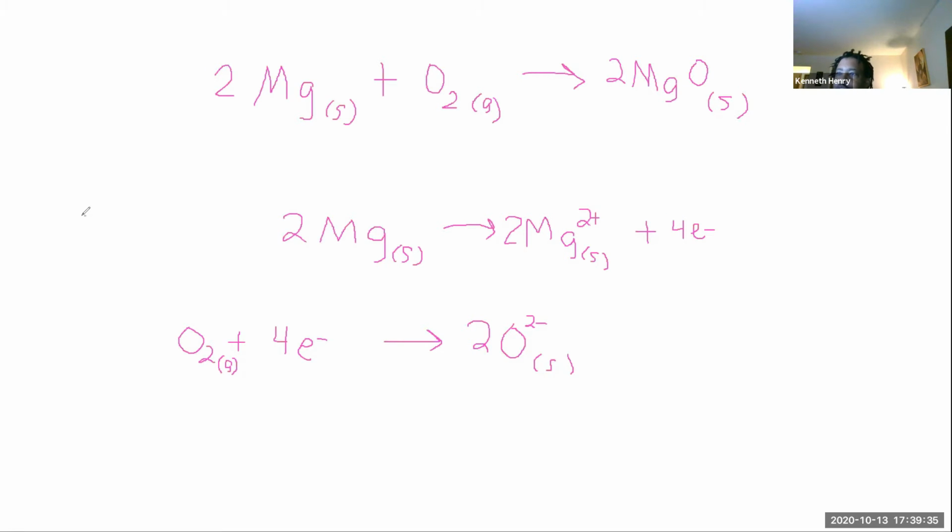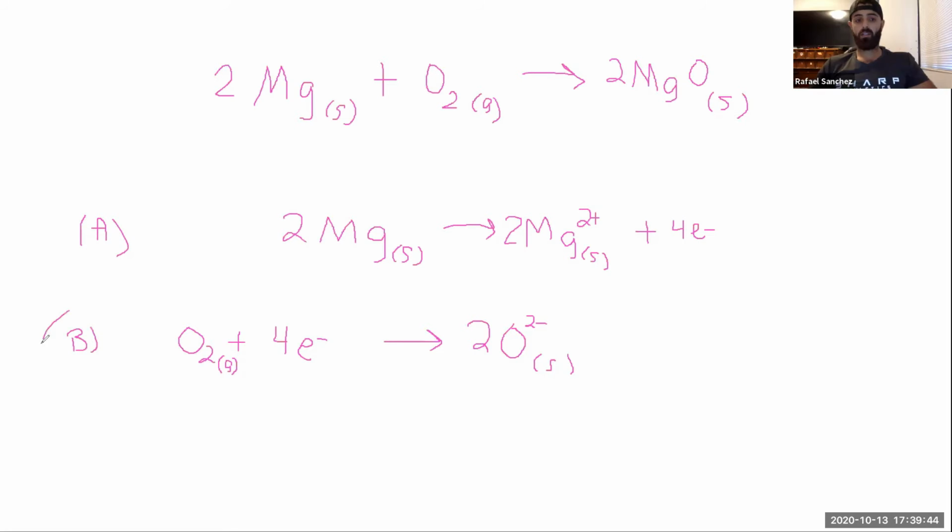So we'll do it like this, A or B? Reaction A or B? Which one is the oxidation reaction? A. A? Okay. Now, which one is B, the reduction reaction? B.